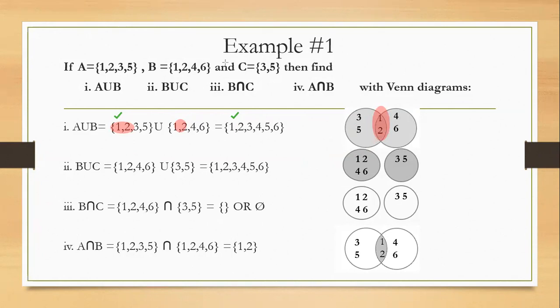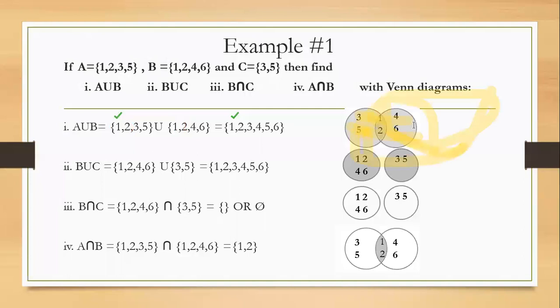This circle is for set A and this circle is for set B. A contains 1, 2, 3, 5 and B contains 1, 2, 4, 6. In this way you can draw the Venn diagram.